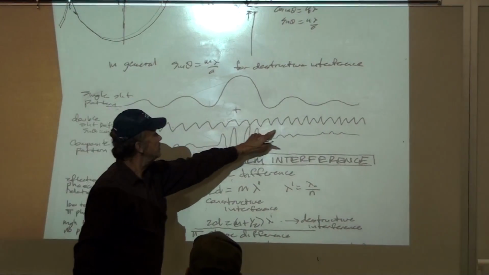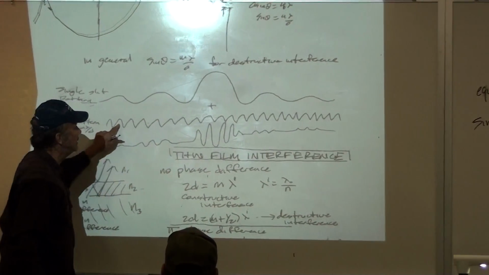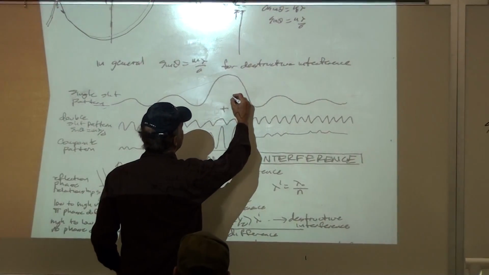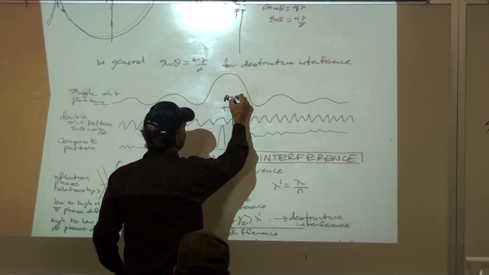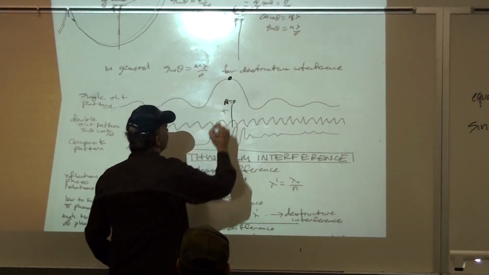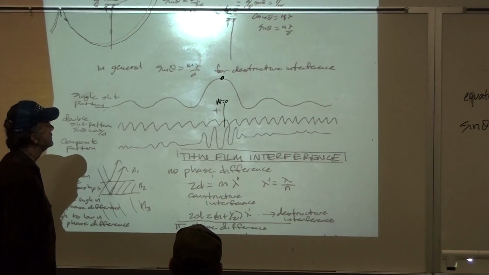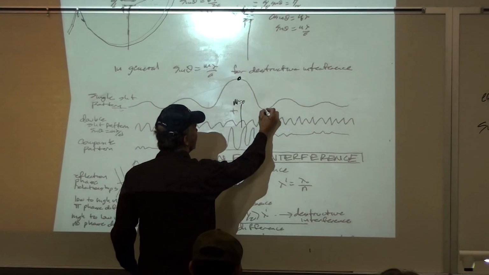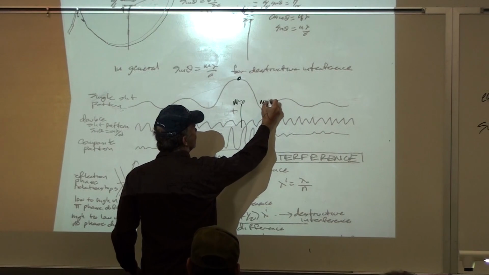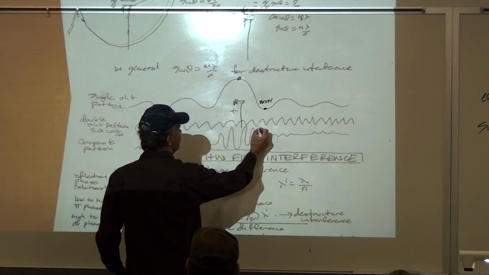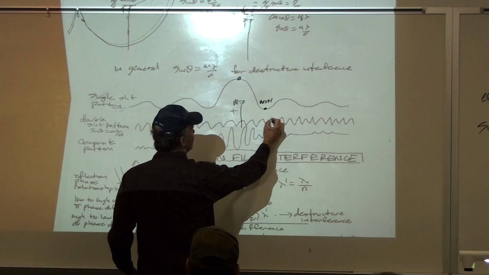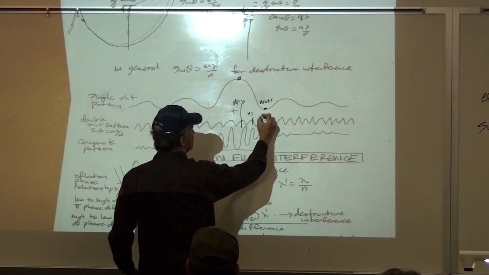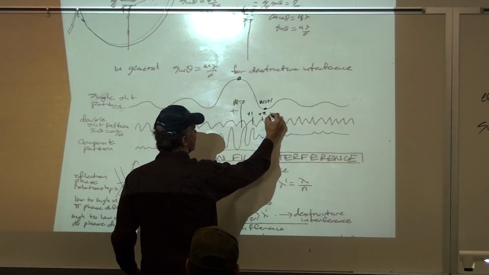The double slit pattern is regular. It has an m equals 0 in here. But that would correspond up here to our central interference maximum. And then here you'd have m equals plus 1, m equals plus 2, m equals plus 3.